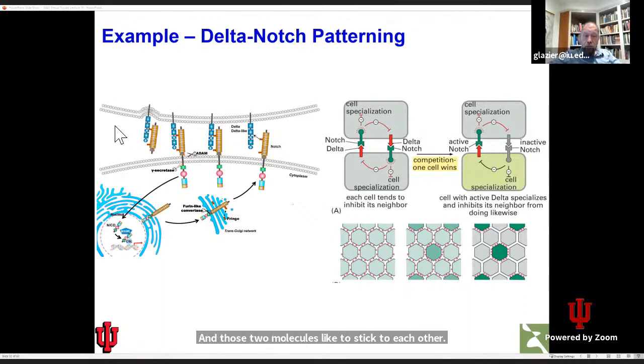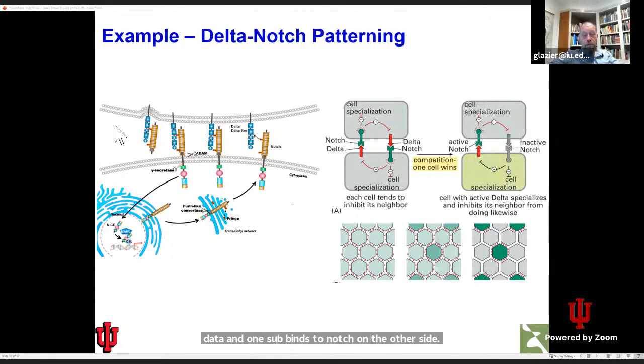With delta notch, it's more like what happens between a virus and the cell it's going to target, or between, say, a T cell and an antigen presenting cell, which is that the two cells that are in contact have the opposite type. So delta on one cell doesn't bind to delta on the other cell. Delta on one cell binds to notch on the other cell.